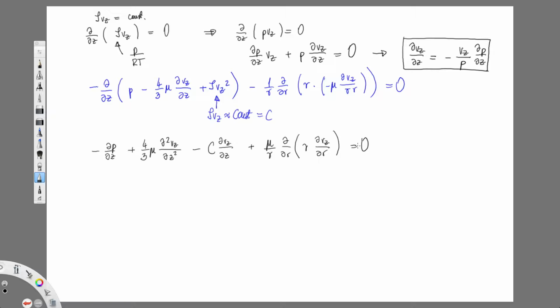Now, first I used this assumption that I made. The second part that I'm going to use is right here. So remember that we derived that dvz dz is minus vz over p partial p partial z. So I'm going to use that in here, and basically I'm going to pair together this term and this term.